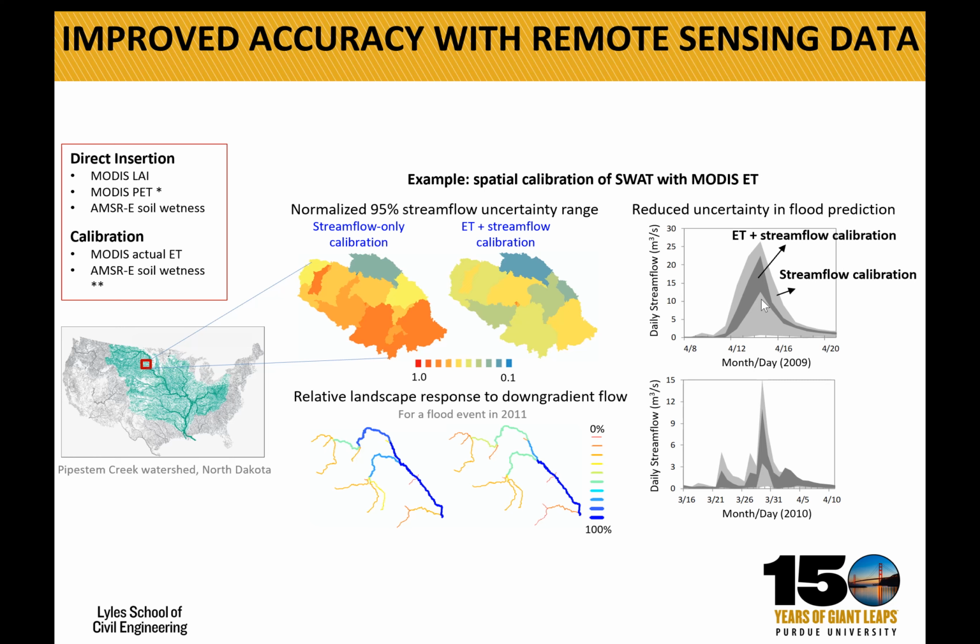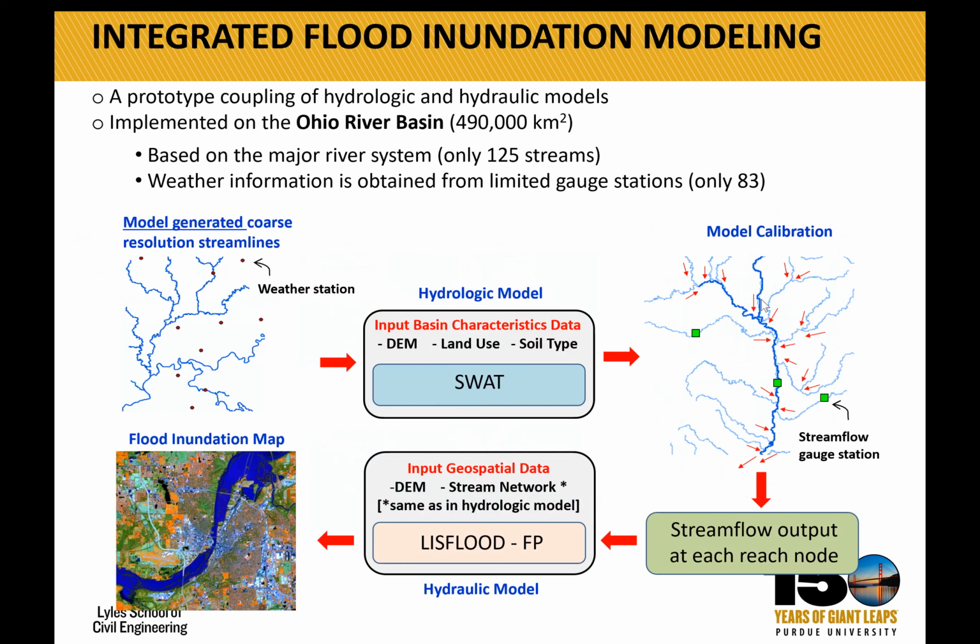So many of these models estimate these fluxes, but we do not have a way to compare whether these fluxes correspond to what is happening in nature, and satellite data gives us a means to do that. So if we have improved stream flow prediction, the question then is, can we improve our flood inundation maps and flood inundation extent?